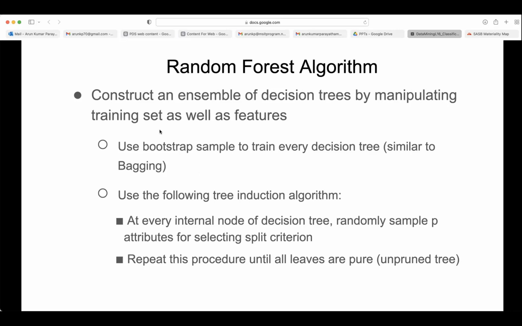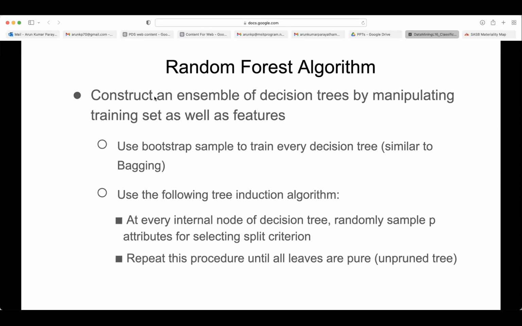For random forest, what we do is construct an ensemble of decision trees by manipulating the training set as well as the features. If we are given 100 features, we will not use all 100 features all the time. If we are given 10,000 instances, we'll also not use all 10,000 instances for all the decision trees.